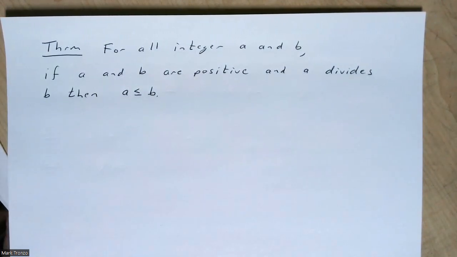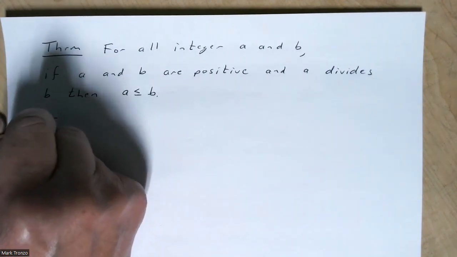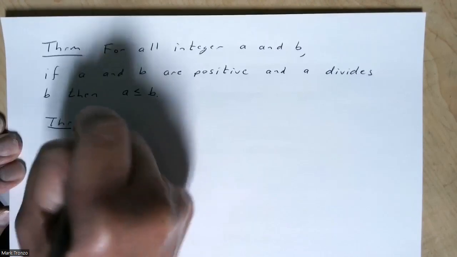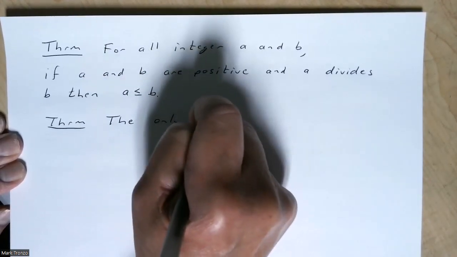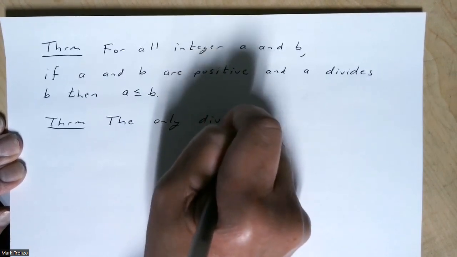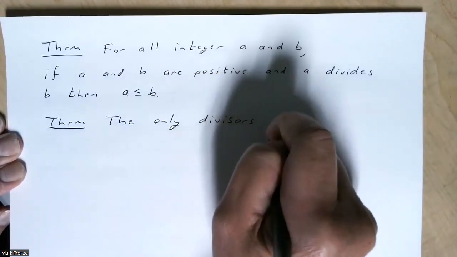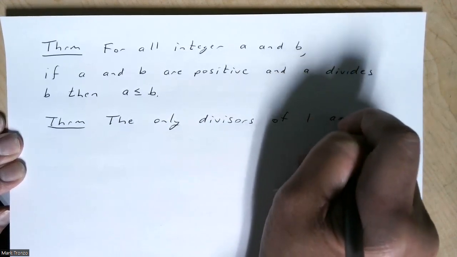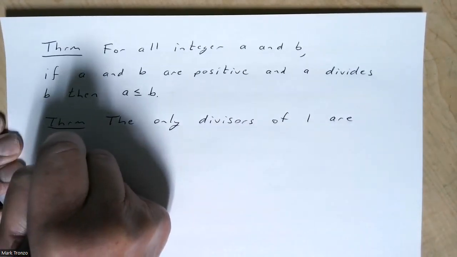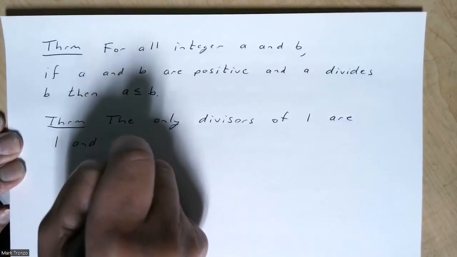If one number is going to divide another one, it has to be smaller or at least equal to it. And another theorem. The only divisors of 1 are 1 and -1.